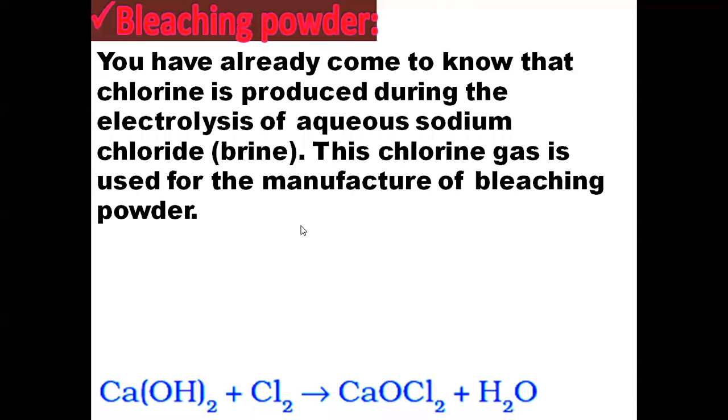Previously, for making sodium hydroxide, we took NaCl in the presence of water, and after electrolysis we got sodium hydroxide and chlorine gas. That chlorine gas can be used for making bleaching powder, because the bleaching property means it removes or changes the color of a surface.